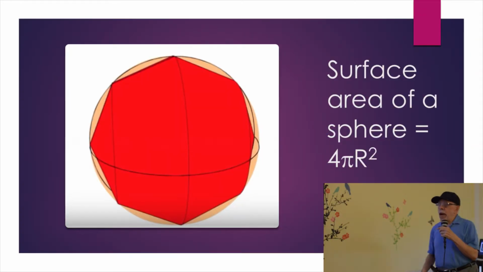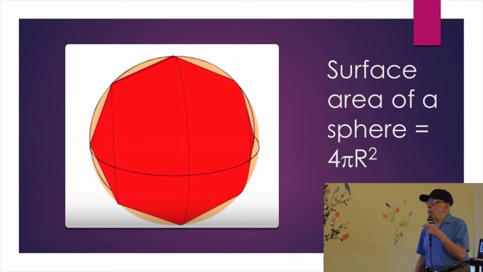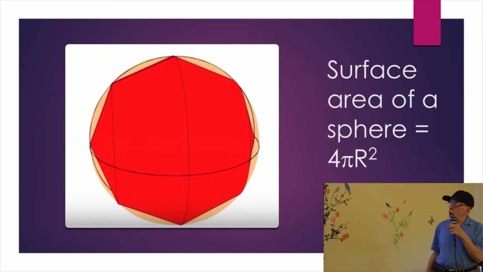So we can figure out the surface area of a sphere, and one way you can do that using trigonometry is to divide up the surface area into plane figures, which are combinations of rectangles and triangles.